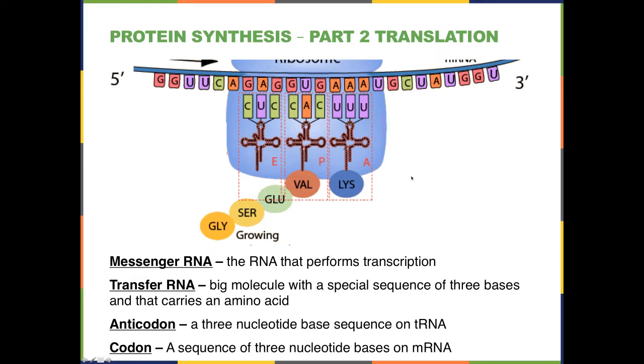And so the production of the messenger RNA, transcription, plus the production of the protein using transfer RNA, which is translation, those two processes together make up what's known as protein synthesis.